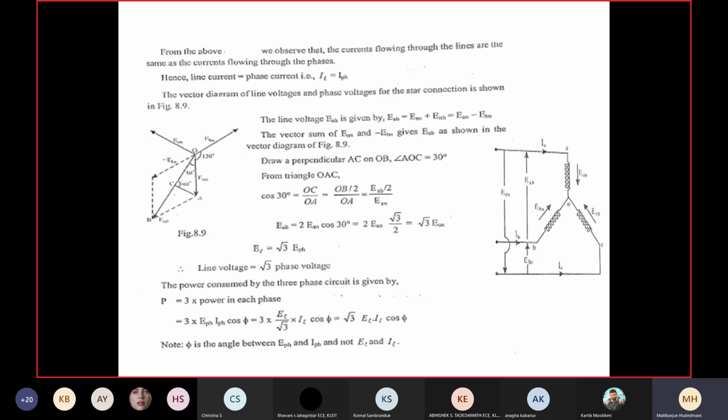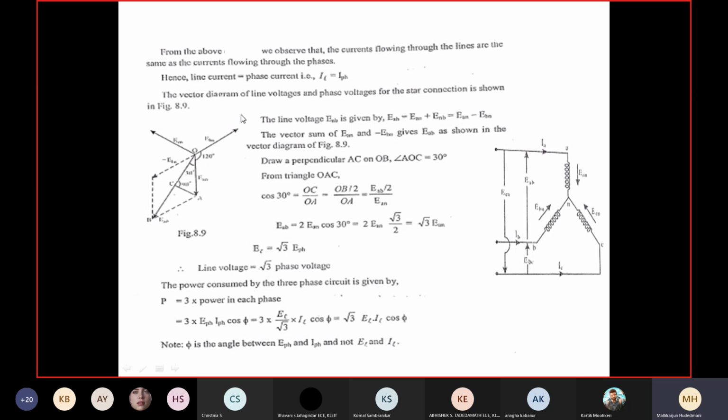EAB is line voltage, which I mention here as EL. What is EAN? EAN is phase voltage, therefore E phase. So what I got mathematically is that line voltage is root 3 times the phase voltage in a 3-phase star connection. This is the outcome.